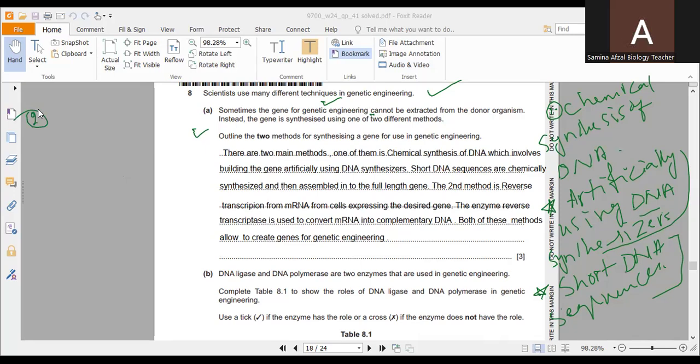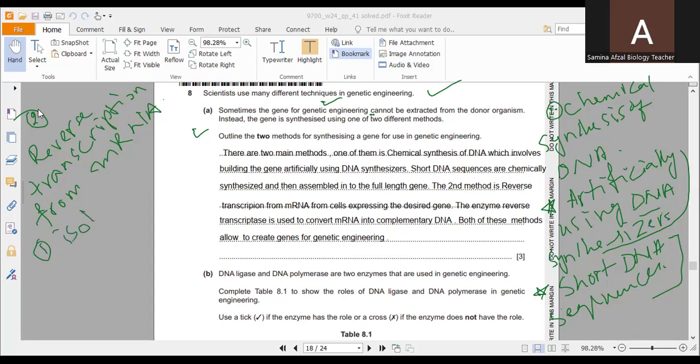reverse transcription from messenger RNA. In this method, the gene is synthesized by isolating messenger RNA from cells expressing the desired gene.